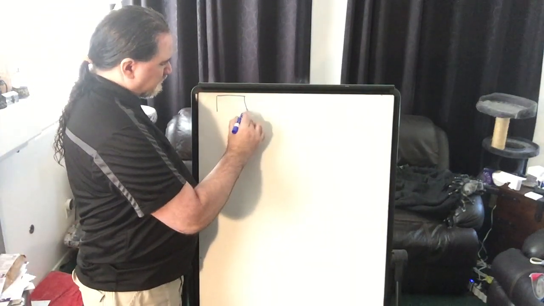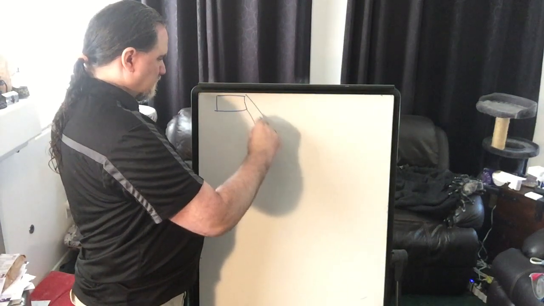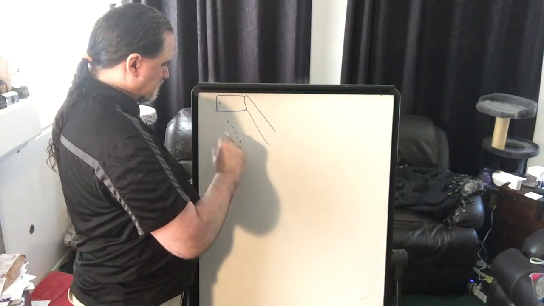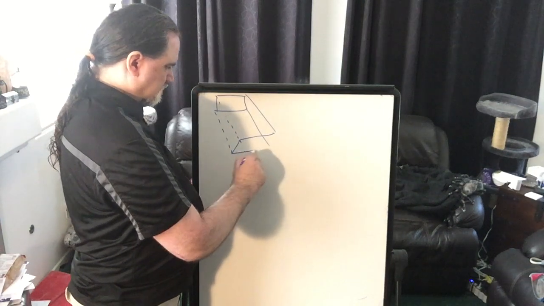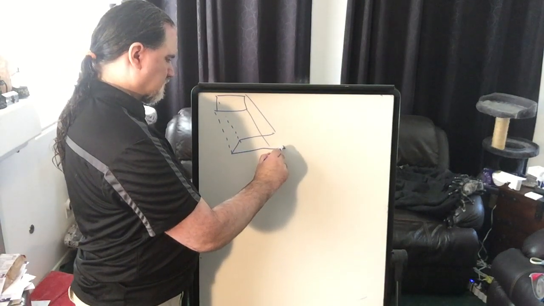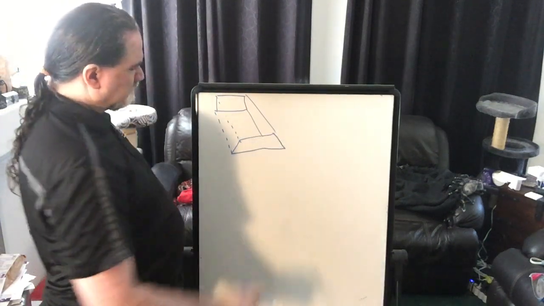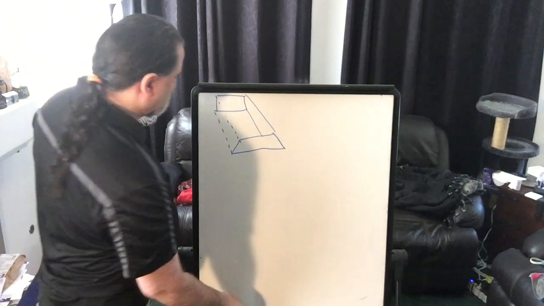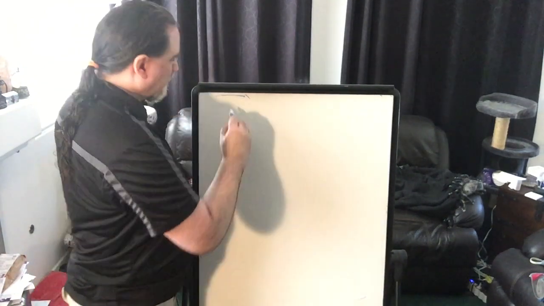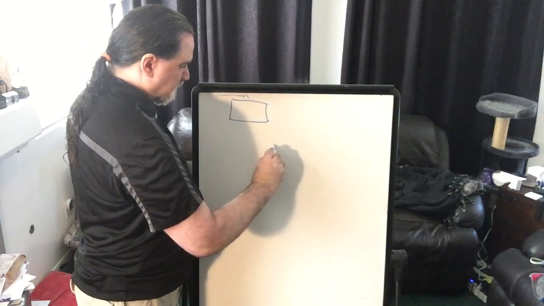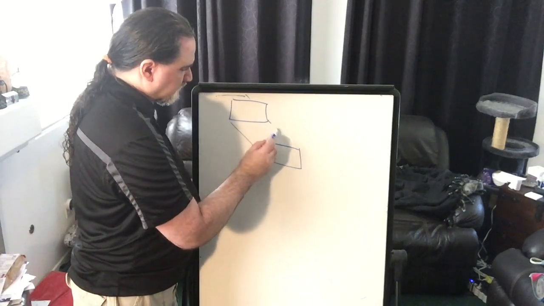So we're going to do a little rectangle, and then we're going to do this weird, kind of looks like a trapezoid to me. See if I can do this a little bit better. I know what to do. We're going to draw ourselves a little rectangle here, and then we're going to draw ourselves a little rectangle here, and we're just going to connect the corners.